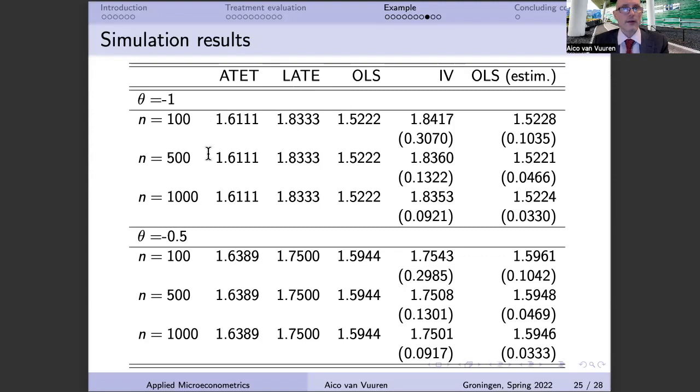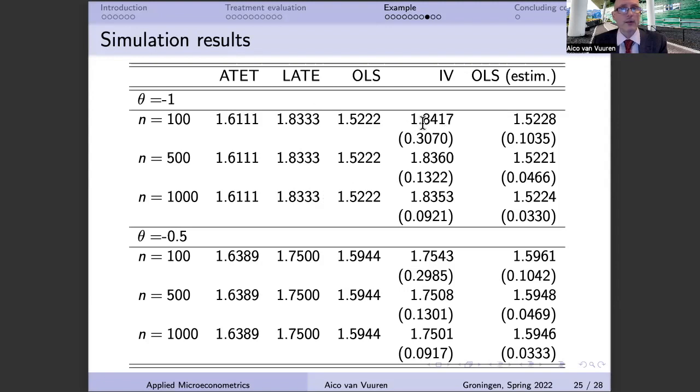Well, these are the theoretical values that we have calculated, and these are the results. We do see that IV does estimate LATE quite well. Maybe not so well in the case that n is equal to 100, but quite well when n is equal to 1000. This shows that IV at least consistently estimates LATE, as it should.